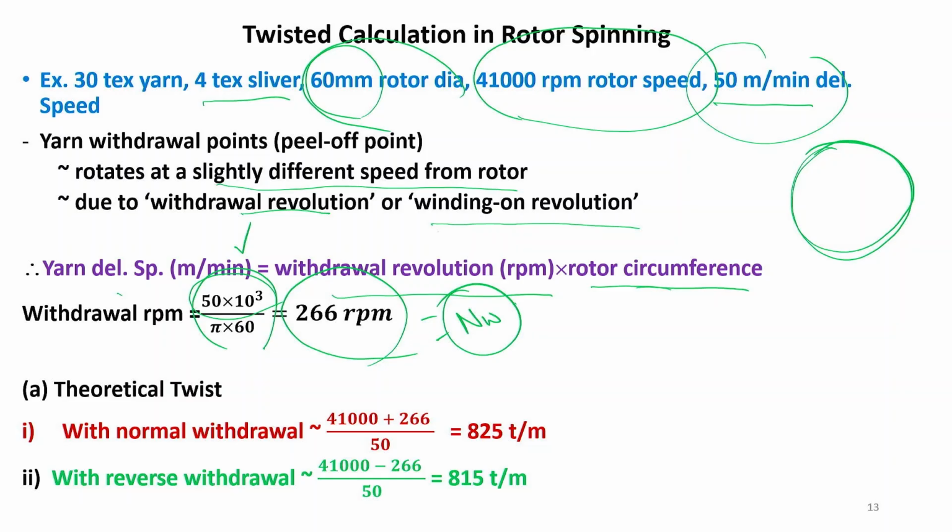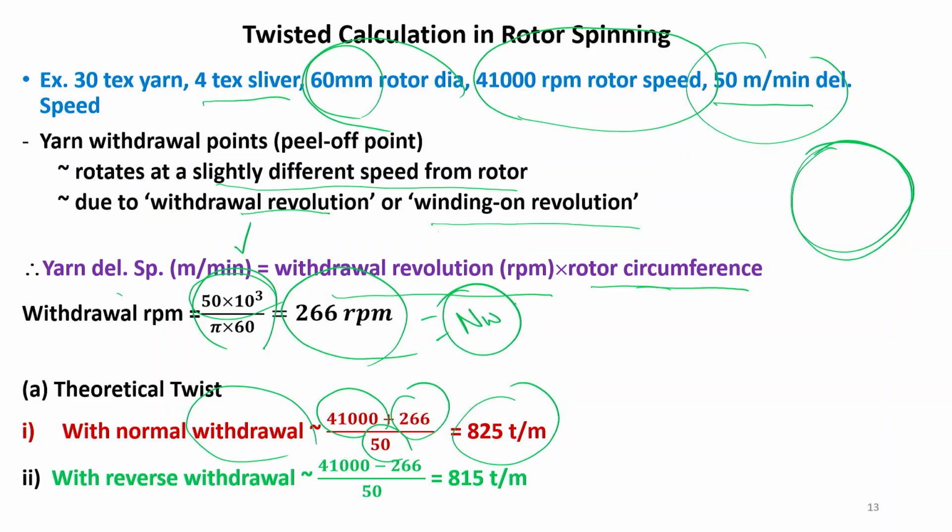So, with normal twist, theoretically during normal withdrawal, the twist will be the rotor rpm plus withdrawal rpm divided by the delivery speed. So, 825 twists per meter.